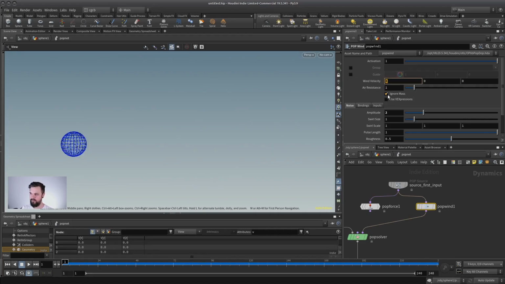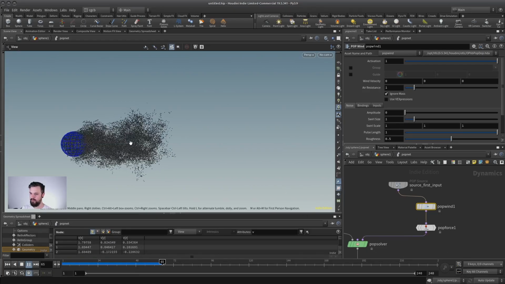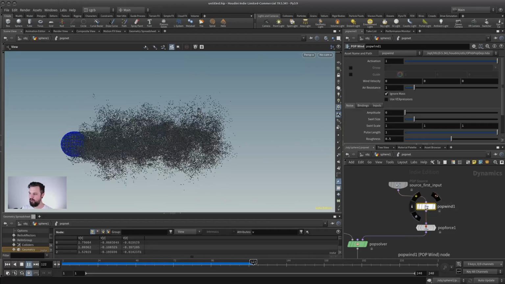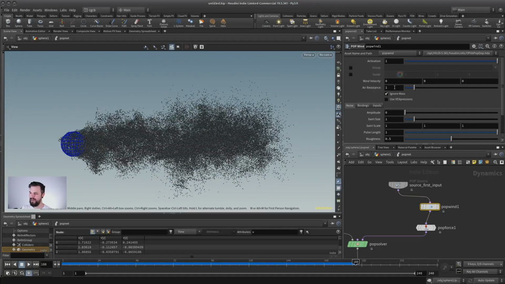When you set your wind velocity to 0 and also your noise, then this means actually that the air resistance works as the name suggests, by slowing your points down. So if you combine the pop wind and the pop force, for example, one will accelerate the points. And as you can see here, the other one, the pop wind, is now fighting the points, because this air resistance means that's the strength. Those points are trying to reach that velocity up here, the wind velocity of 0. So here it makes sense. Now it works like a resistance.